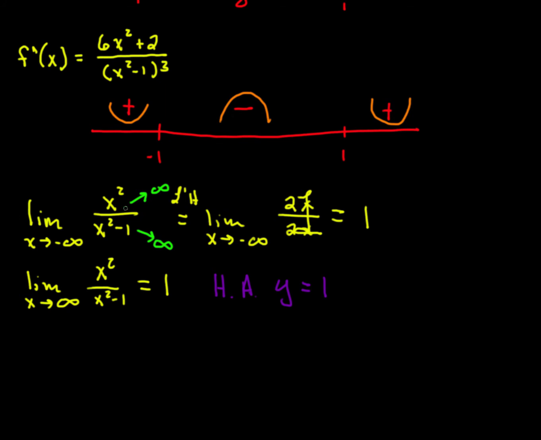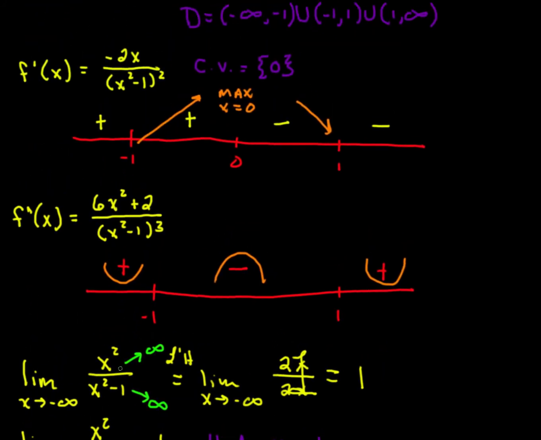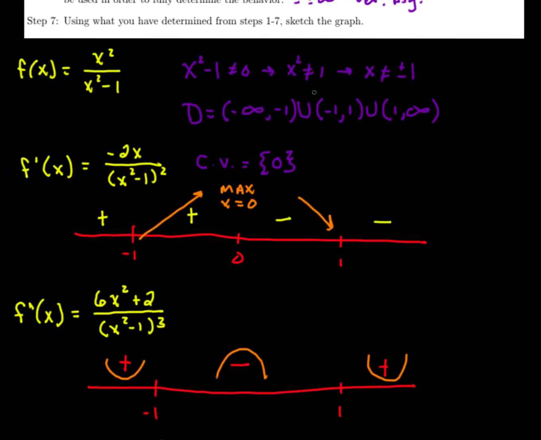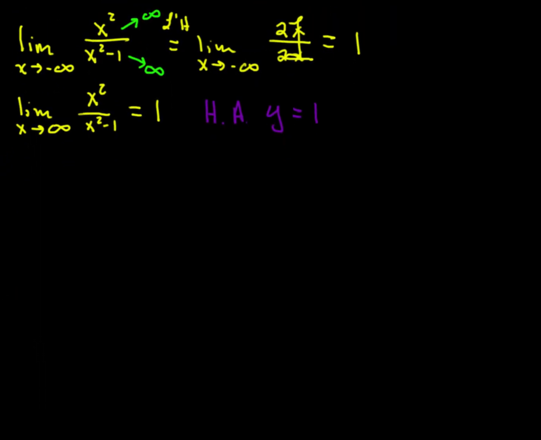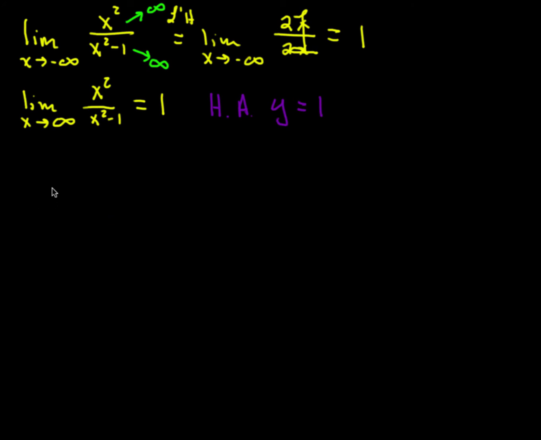And then how about the behavior at points of discontinuity, which is plus or minus 1. So I'm going to look at the limit as x approaches 1 of x squared all over x squared minus 1. So the top's going to 1, so the top is infinitely close to 1.